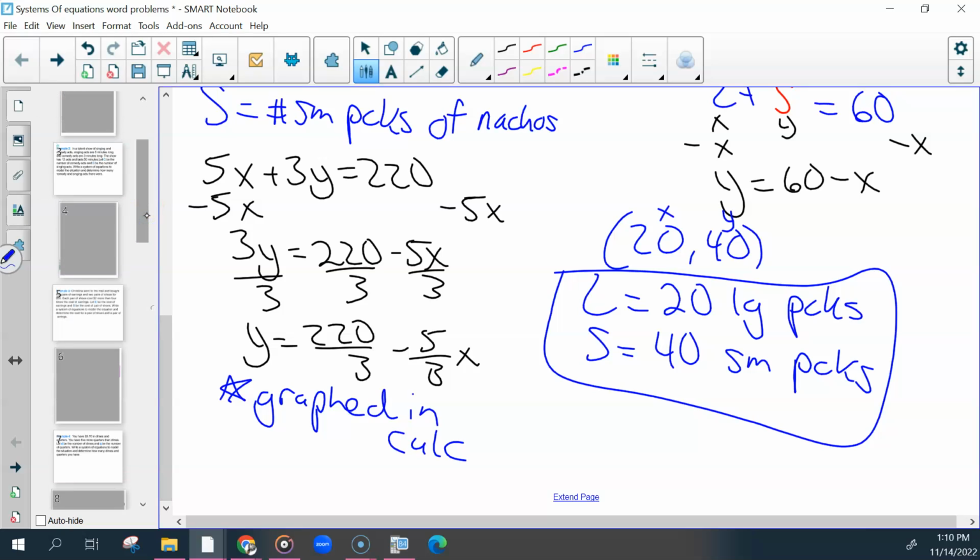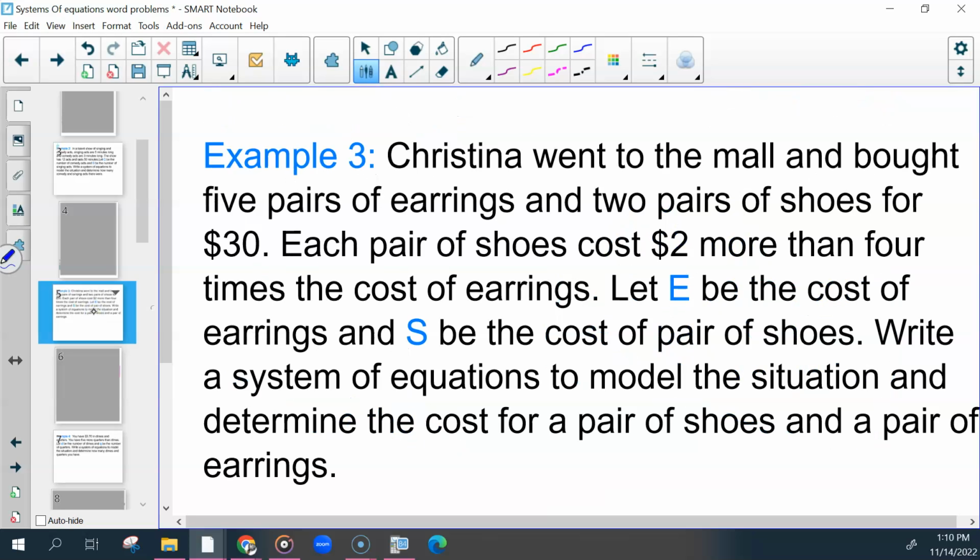After you have this all written, go to example 3. Start reading that. And then tell me important things you find.